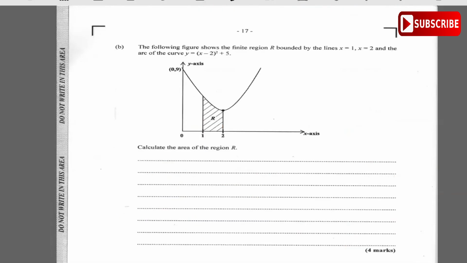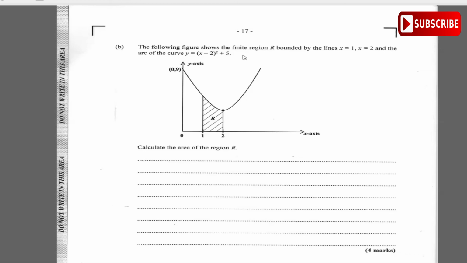All right, let's look at part B. Part B says the following figure shows a finite region on the curve, and the curve is y equals x minus 2 all squared plus 5. So they give us a curve in completed-square form.